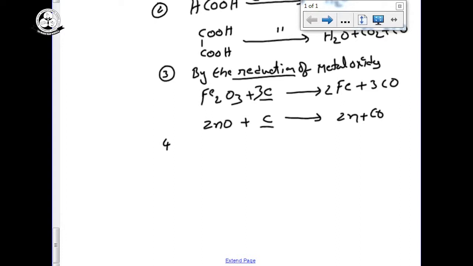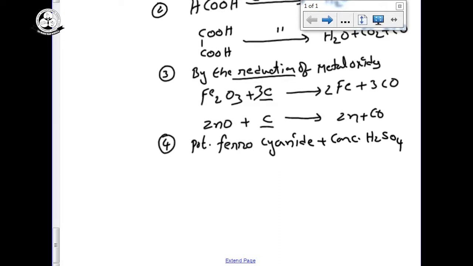Another method of preparation of carbon monoxide is potassium ferrocyanide reacting with concentrated sulfuric acid. The formula of potassium ferrocyanide is K4Fe(CN)6.